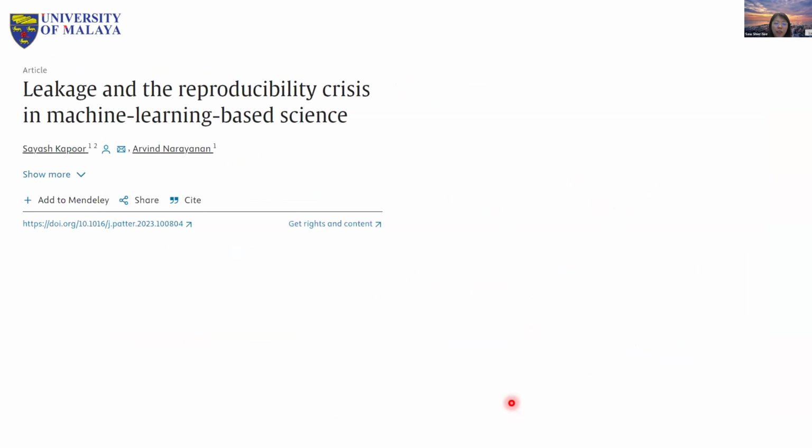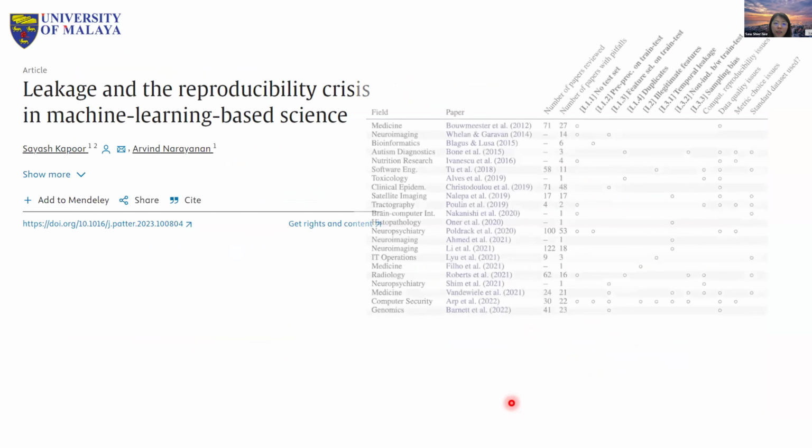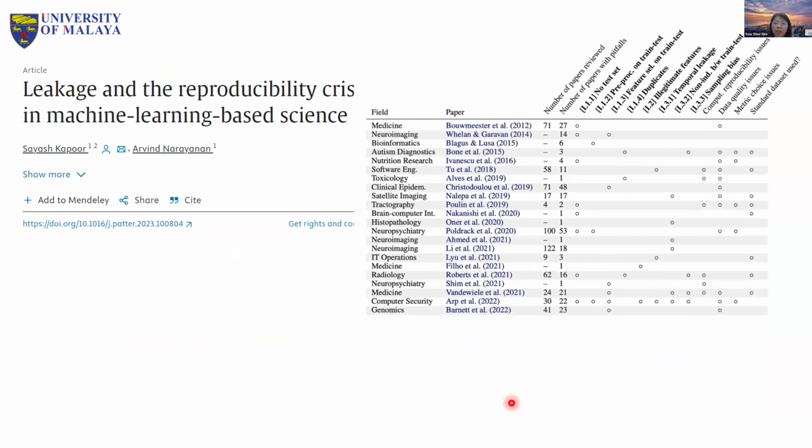There is also another big issue in machine learning based science, the data leakage problem, which causes results to not be reproducible. This study has reported and summarized that among all of the papers reviewed, these are the papers that have pitfalls, okay? They have problems. For example, they don't have any test sets, the feature selection was based on train and test data, and there are duplicates.